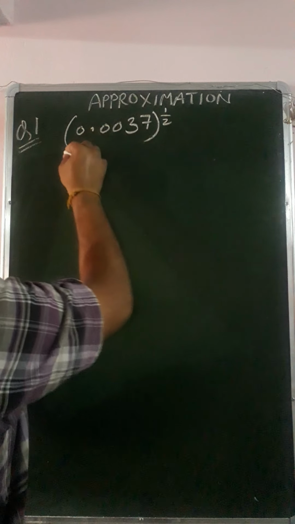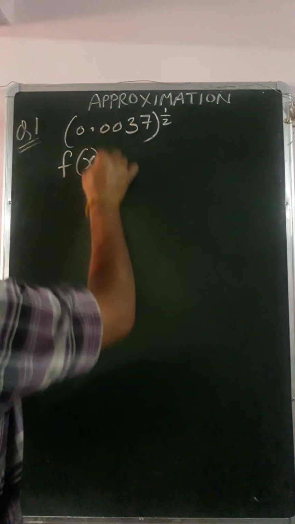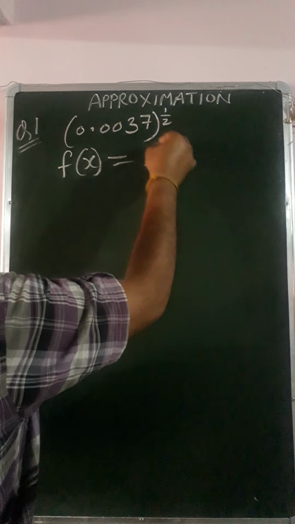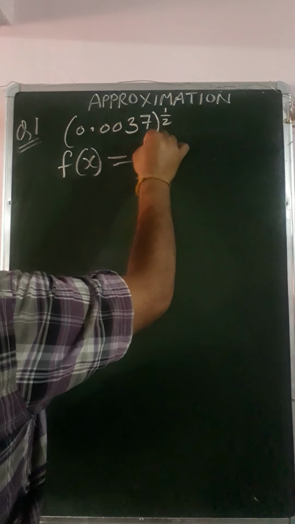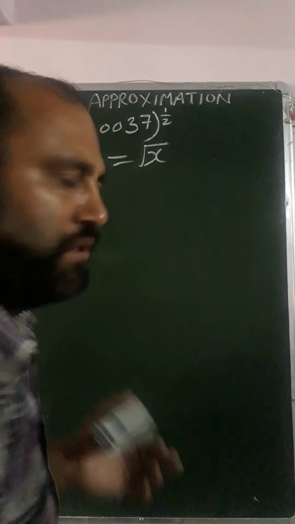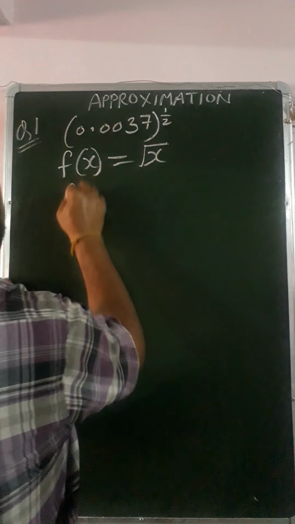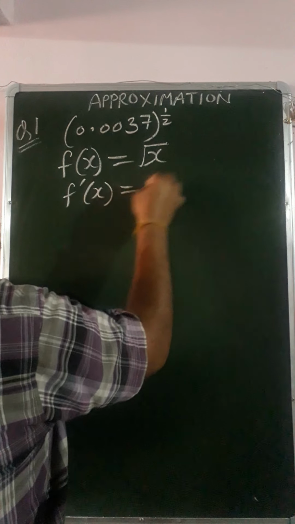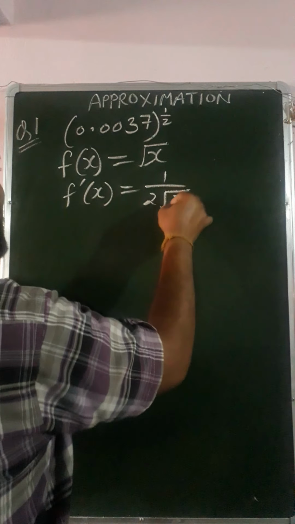As this is a square root function, let us take f(x) is equal to square root of x, or square root of x means power 1 by 2. So that's why its derivative is f dash x is 1 over 2 root x.